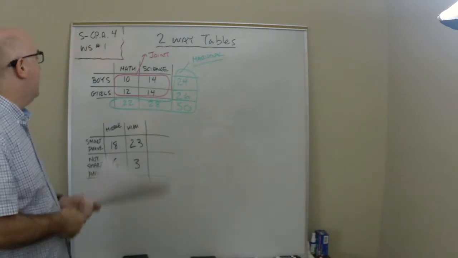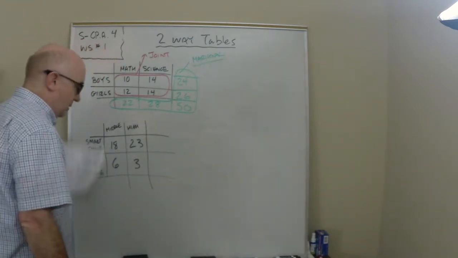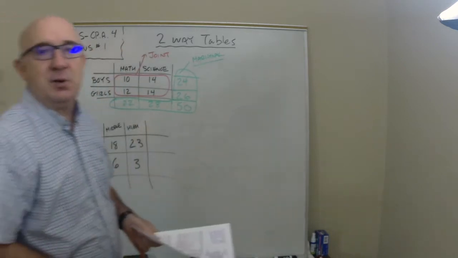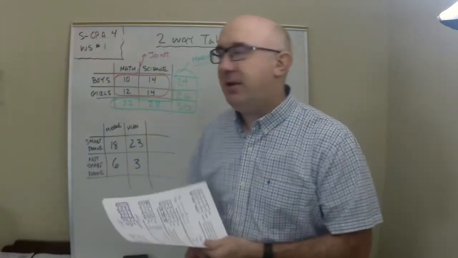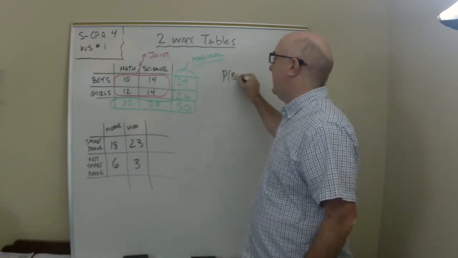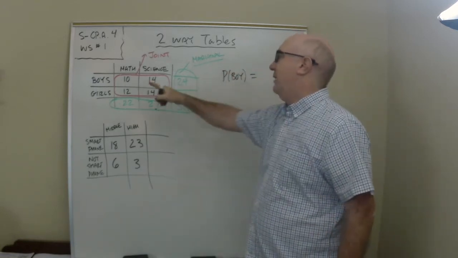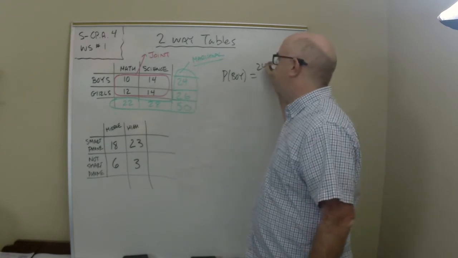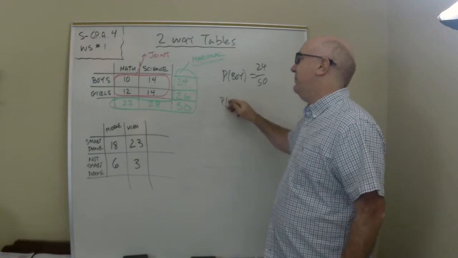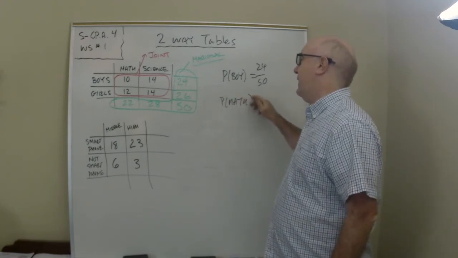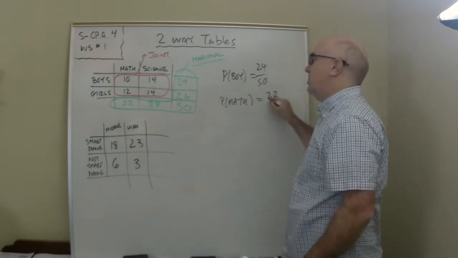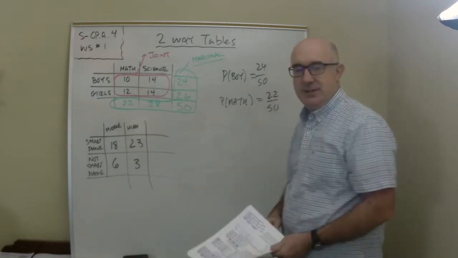What's nice about these kinds of problems is that you can ask all kinds of questions and they're easily found. Like what's the probability of being a boy in this survey? Well, 24 boys out of 50. What's the probability of liking math being your favorite choice? Well, in the math category, there were 22 out of the 50 students.